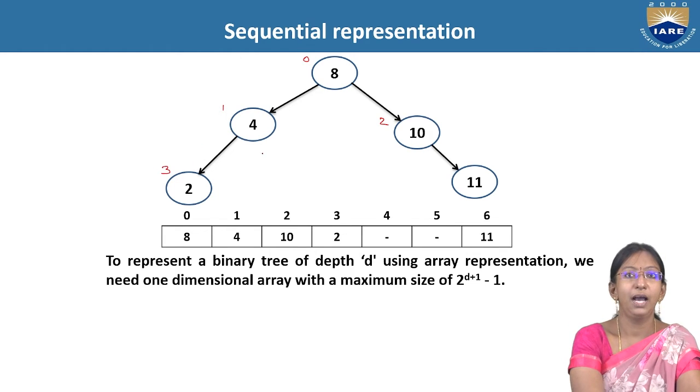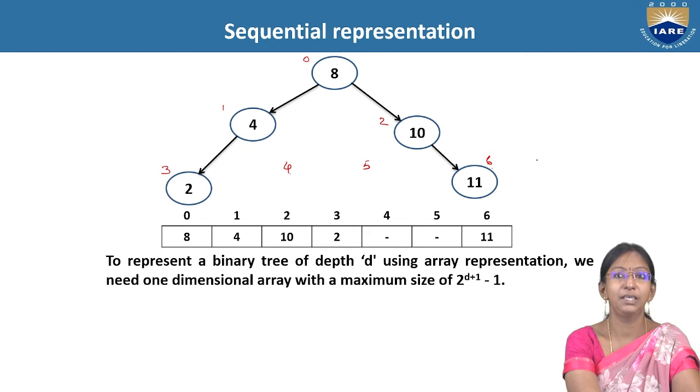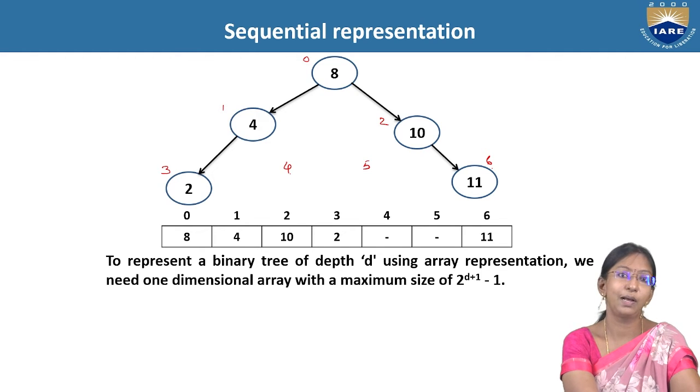So 3. If 4 has a right child, it will have the index 4. If 10 has a left child, it will have index 5. And here is the 6. So the maximum size required is 7. 0 to 6 index values, the total size is 7.